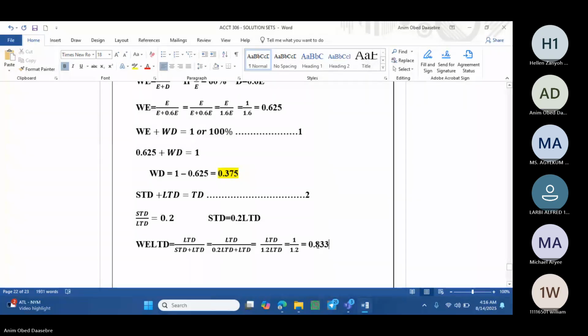So this is the weight of long-term debt out of the total, which is what?